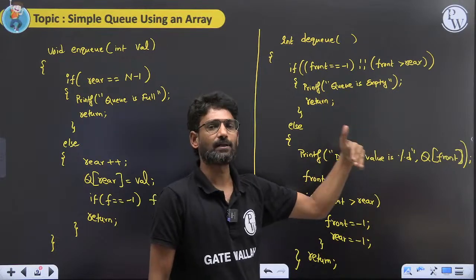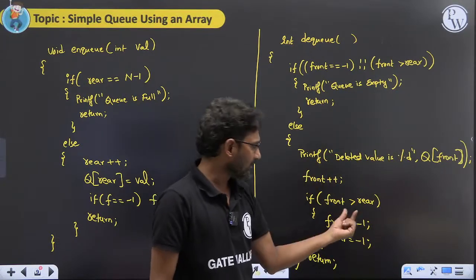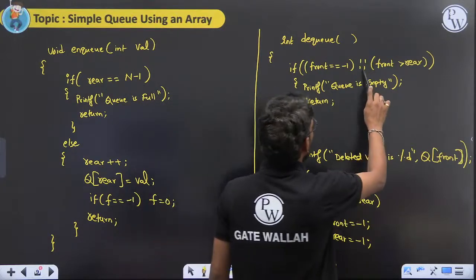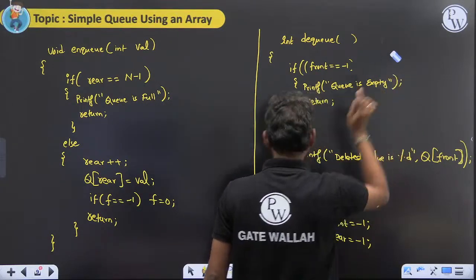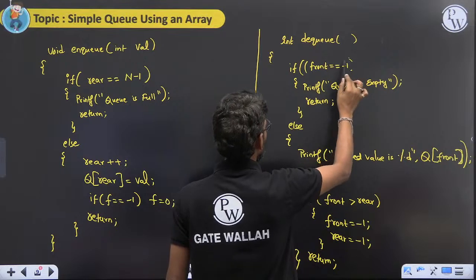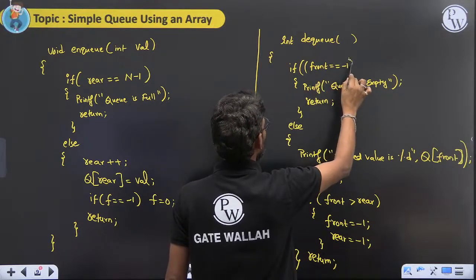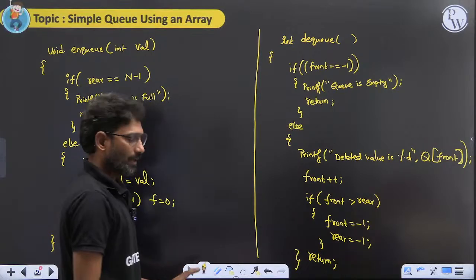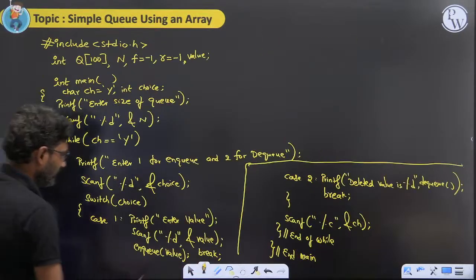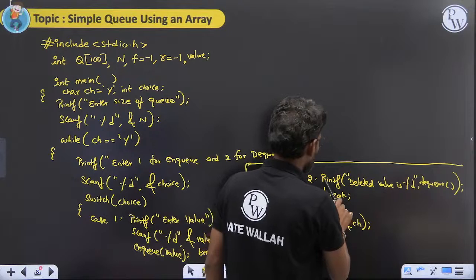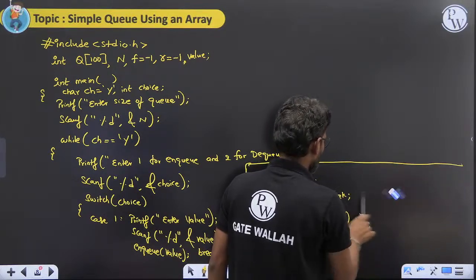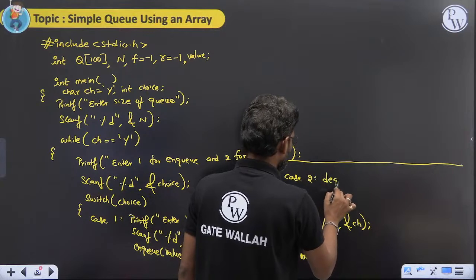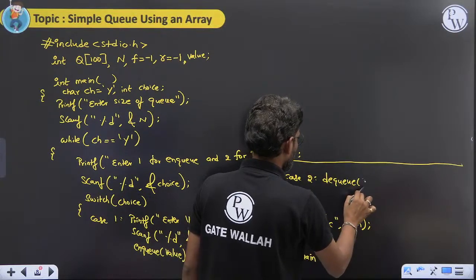However, henceforth this condition you can actually remove for checking underflow condition, right? And here in the main, in this switch, I simply call dequeue, and then break.